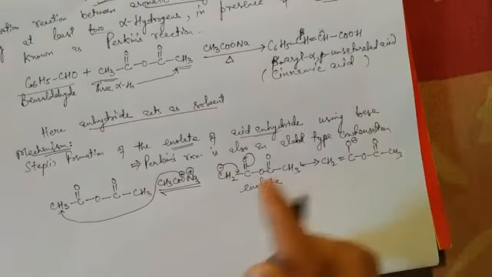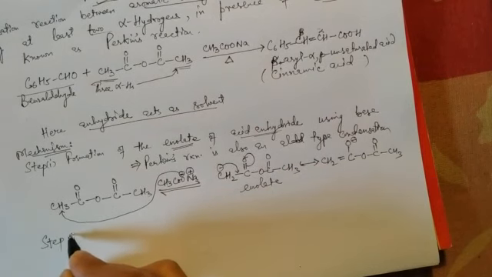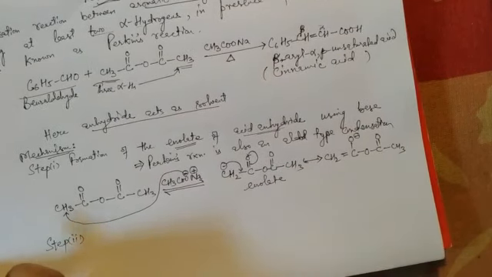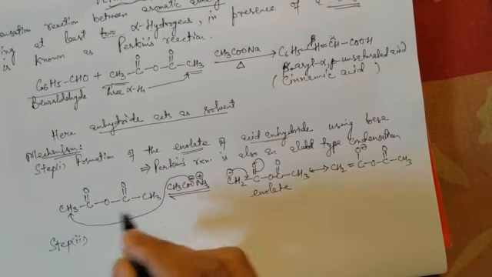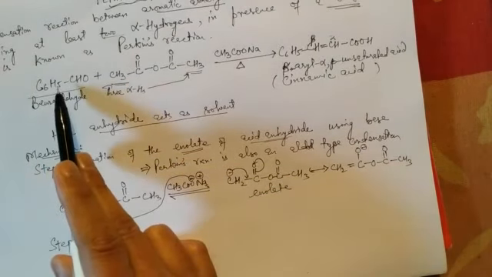Now the enolate anion which is formed in the first step, then in the second step this shows nucleophilic addition onto the aromatic aldehyde, that is here benzaldehyde taken.